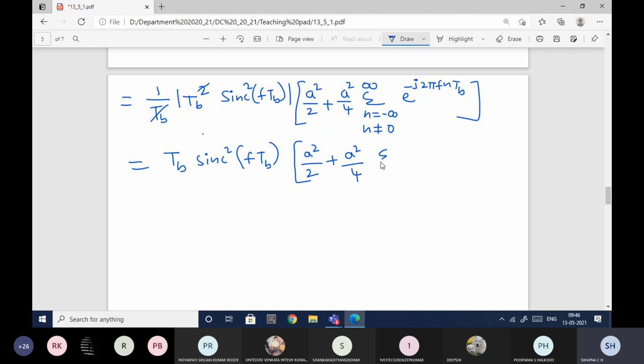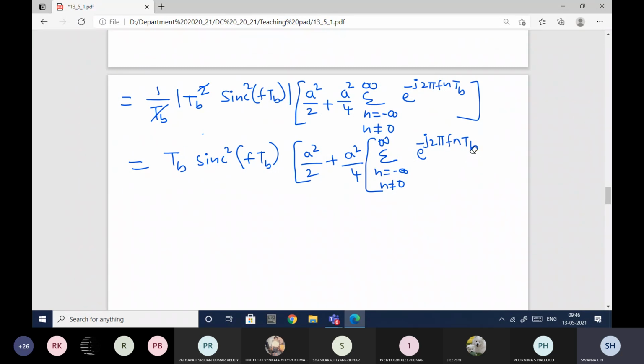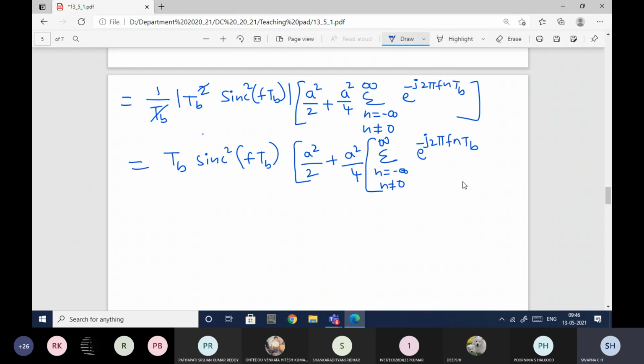Here I will do one small analysis. To this e power minus j 2 pi fn tb, I'll add plus 1 and minus 1.